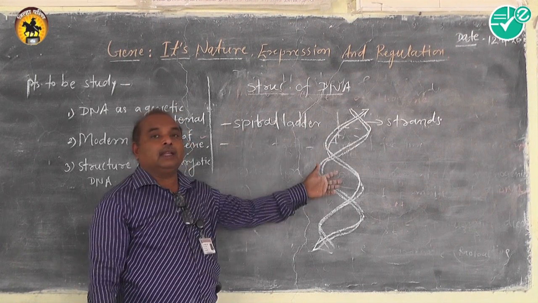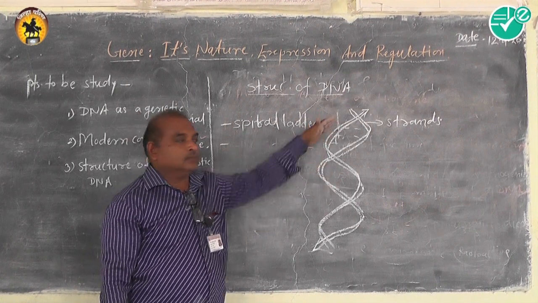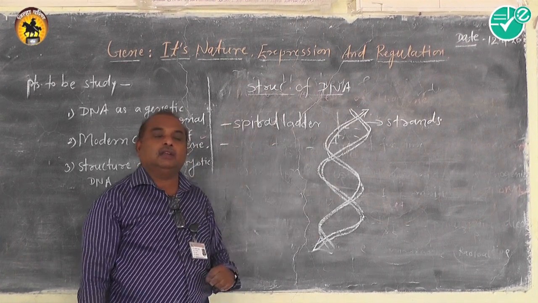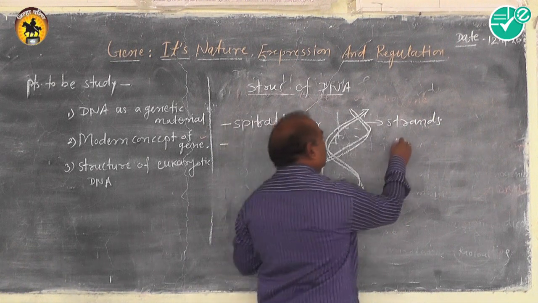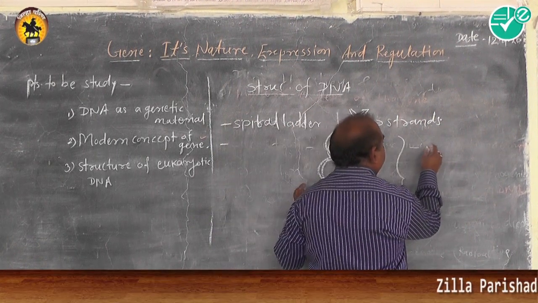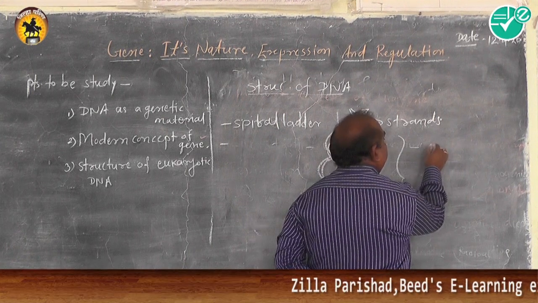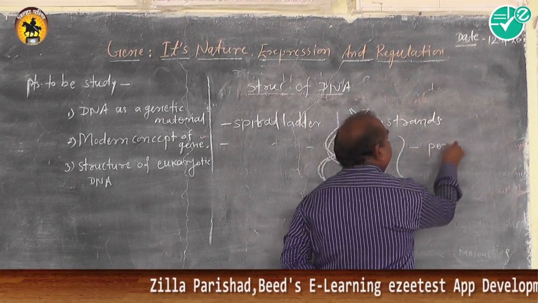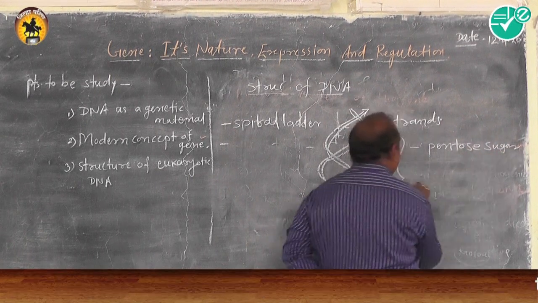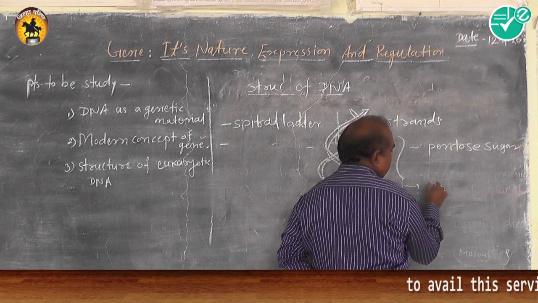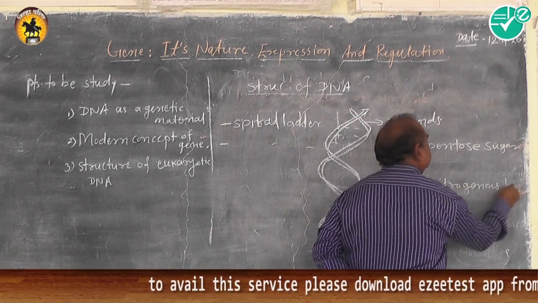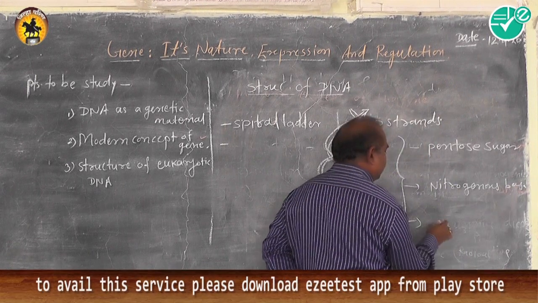Now, this spiral ladder-like structure is followed by what makes up the strand. Each strand is made up of three chemical components. That is, DNA is made up of three chemical components: first of all, pentose sugar, then nitrogenous bases, and phosphate.